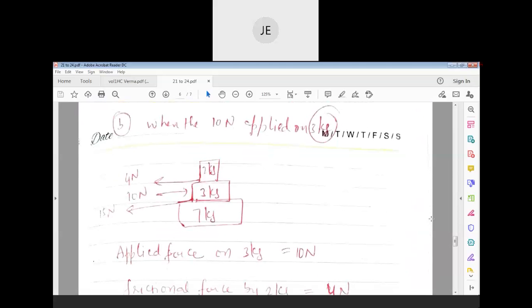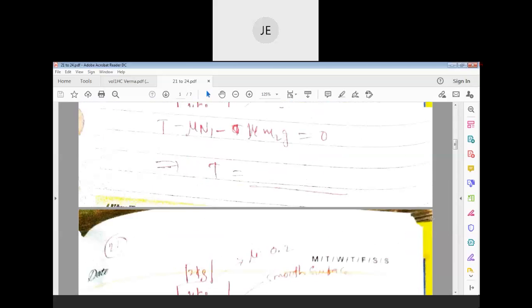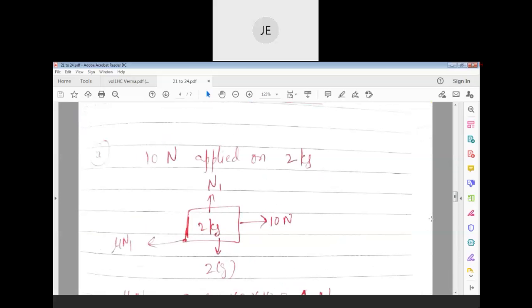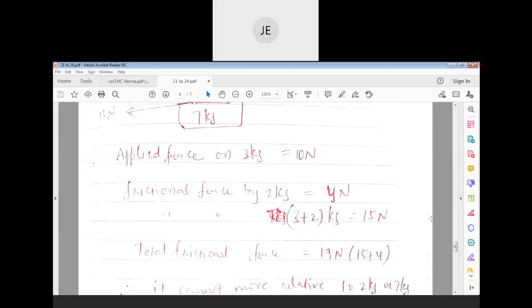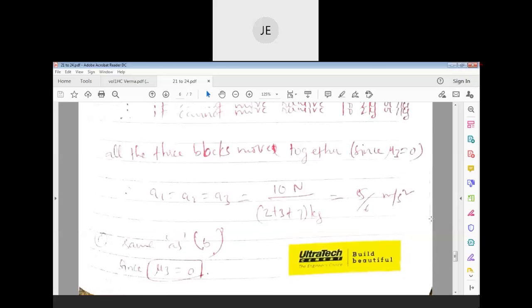Then in that case also, it is same as B. All the blocks move together. So it will move with a 5/6 meter per second square acceleration. Please tell me if any doubts.